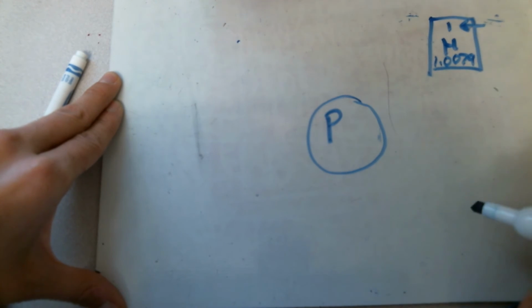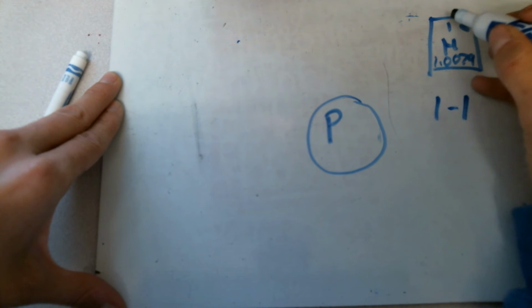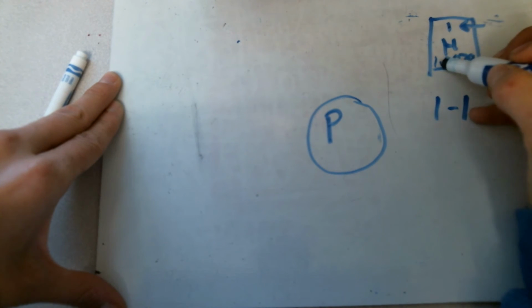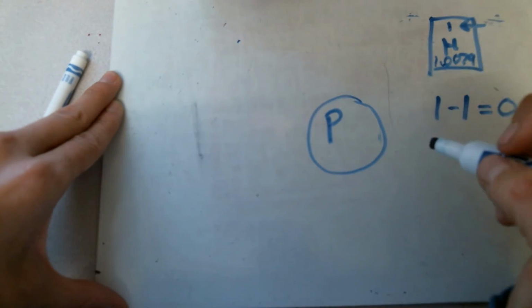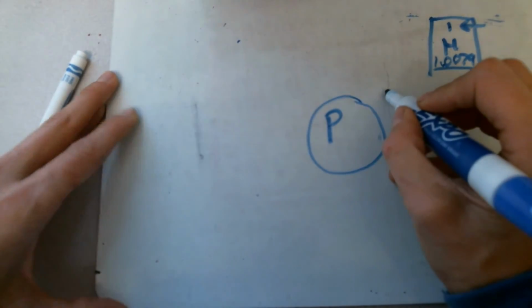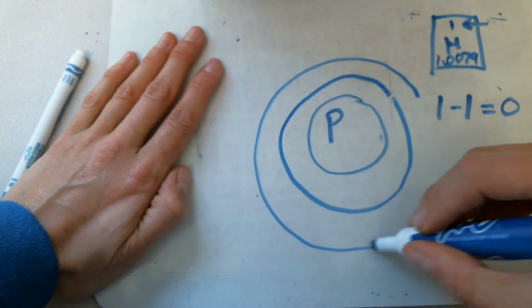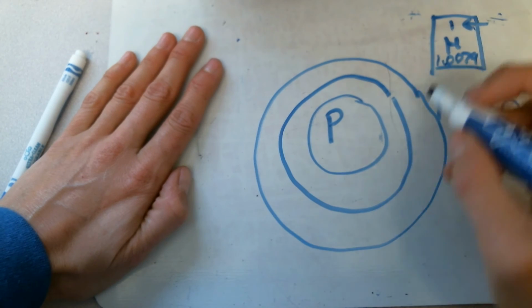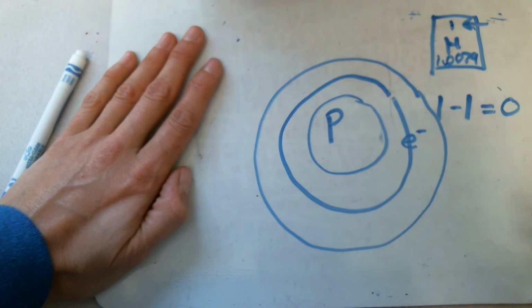Okay, so I have 1 proton. I know that there are no neutrons because when I say 1 minus 1, I get 0. So there are no neutrons. I know that there is 1 electron, and that 1 electron is going to go in the orbitals outside the nucleus. So I'm going to put my 1 electron right here.